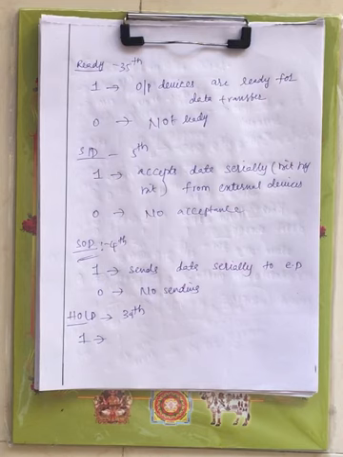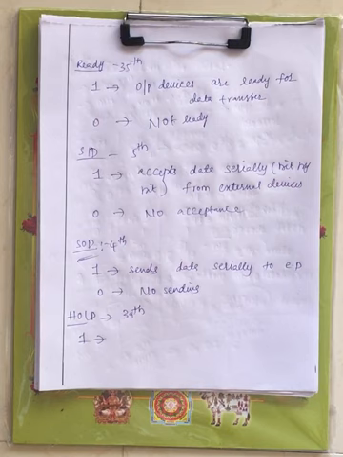Hold signal means the processor has to release its control over the address bus, data bus and control bus in order to let the other devices use them.